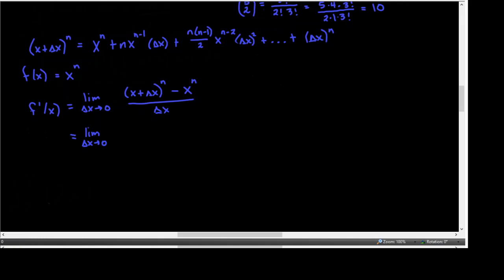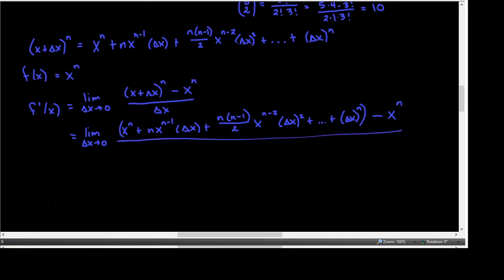So that's going to be from what we have above, x to the nth plus n x to the n minus 1 times delta x plus n times n minus 1 over 2 x to the n minus 2 delta x squared plus dot dot dot plus delta x to the nth, and that ends x plus delta x all raised to the nth power, minus x to the nth, all over delta x. Really long vinculum there.